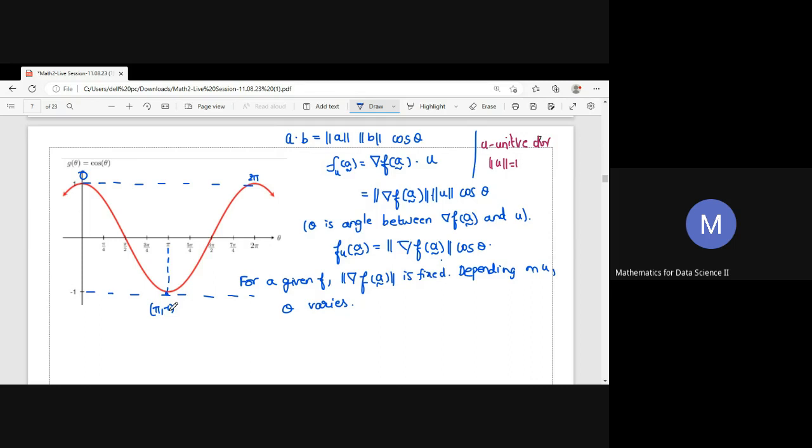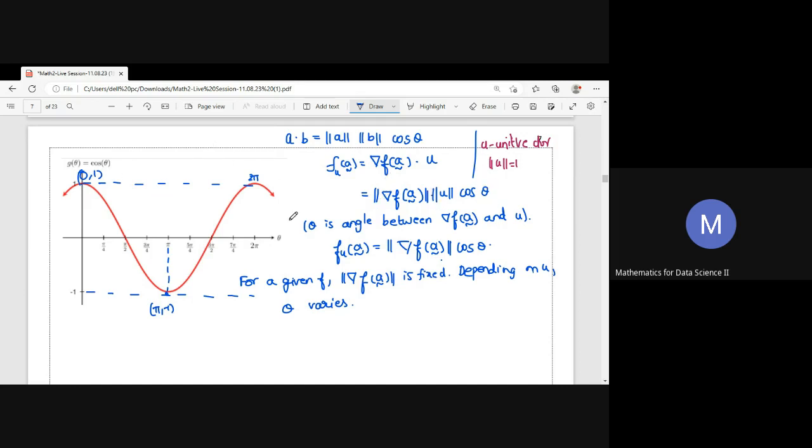And it takes the maximum value at 0 or at 2 pi. At 0, it is 1. And then it is a periodic function. So at 2 pi, 4 pi, and so on, every 2 pi distance, it is going to be 1 again.